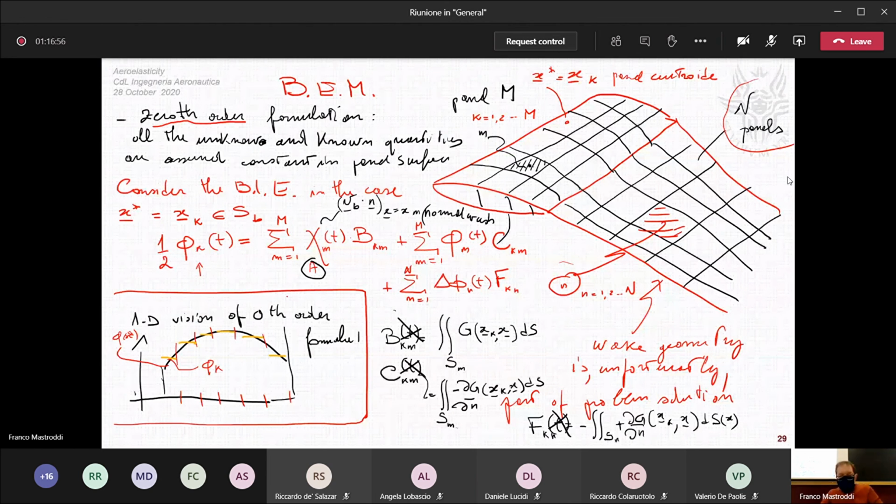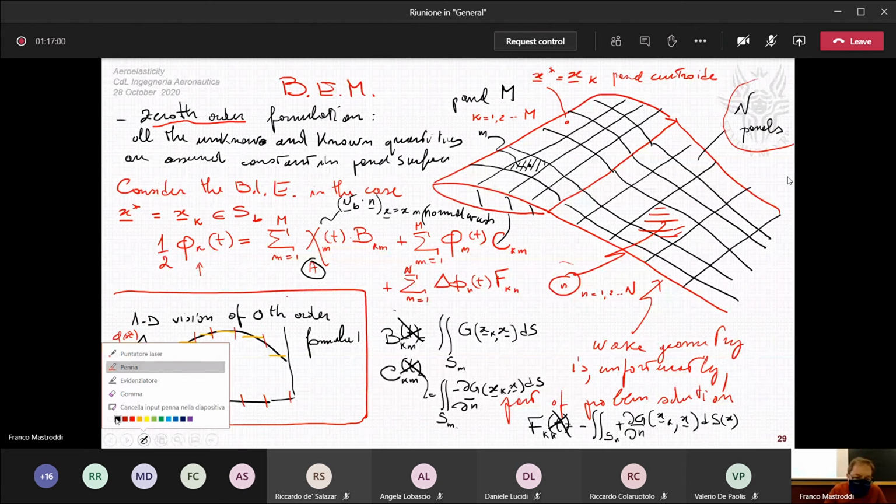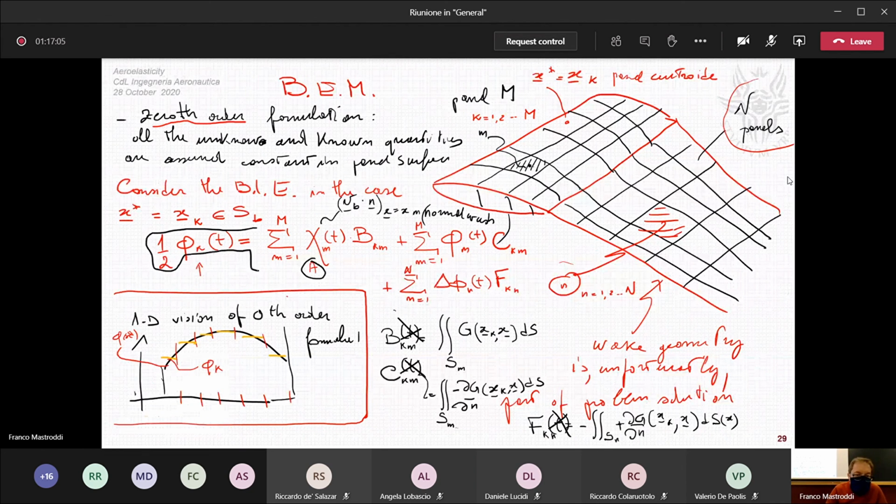And look at what we have obtained. We have this integral equation equal to this, this, and this. How can we use this equation? Consider that we can also obtain in parallel an expression for the velocity in the field.